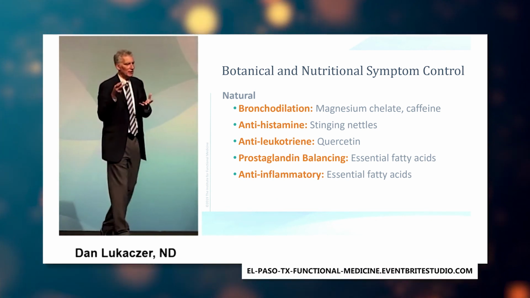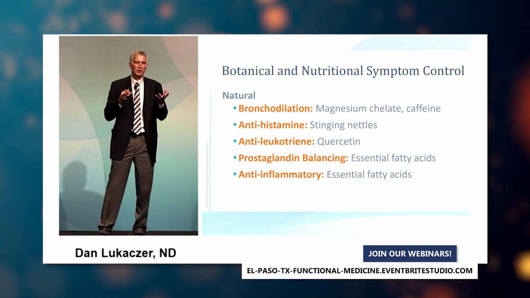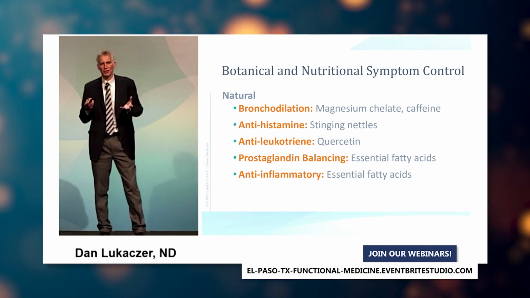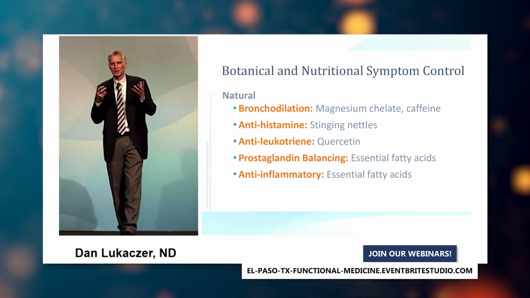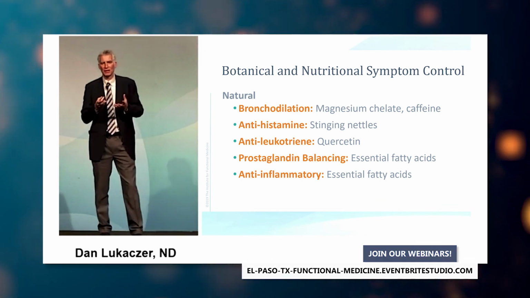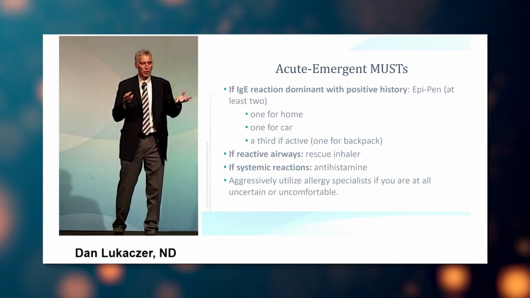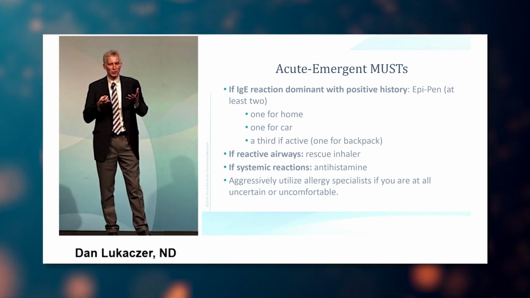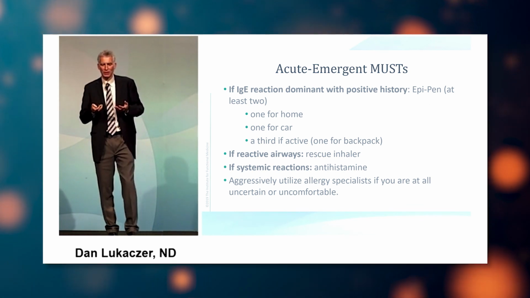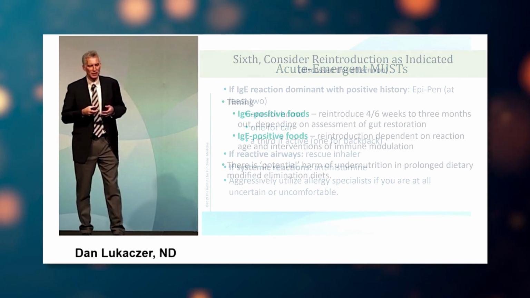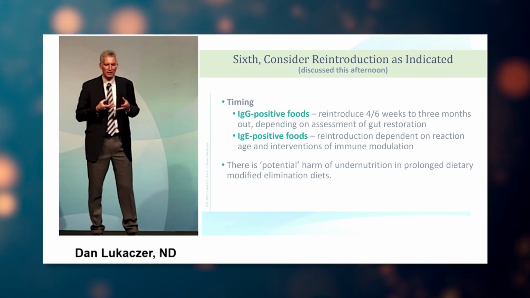We have some handouts in Dr. Roundtree's talk about some of these anti-inflammatory nutrients, these mast cell stabilizers, stinging nettles, and quercetin, as Dr. Roundtree talked about. You want to remember the acute emergent issues. There's no question about that. You need to understand if it's an allergy and anaphylaxis.